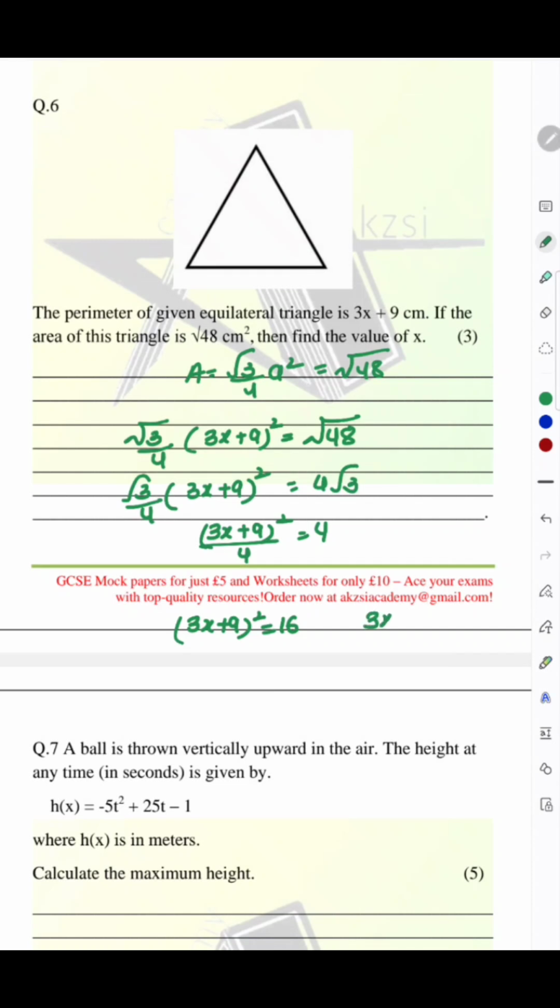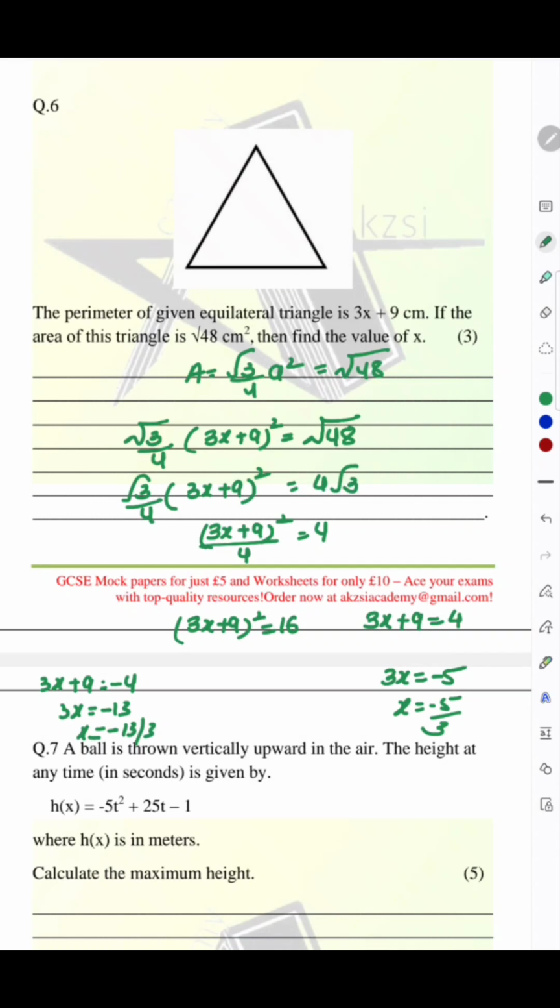So it will be 3x plus 9 and root of 16 is plus minus 4. So one time I'll put positive 4. This will give me 3x is equal to 4 minus 9, which is negative 5, and x is negative 5 over 3. And the second value I'll get when I put negative 4. So 3x is equal to negative 13 and x is negative 13 over 3.